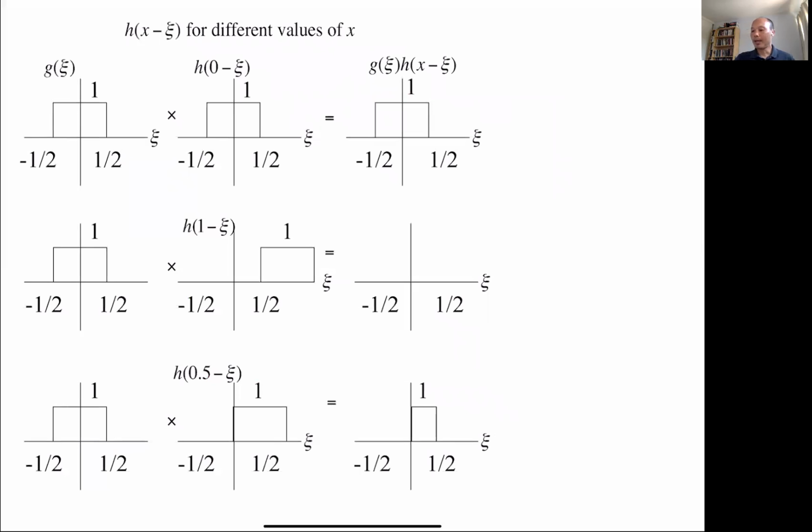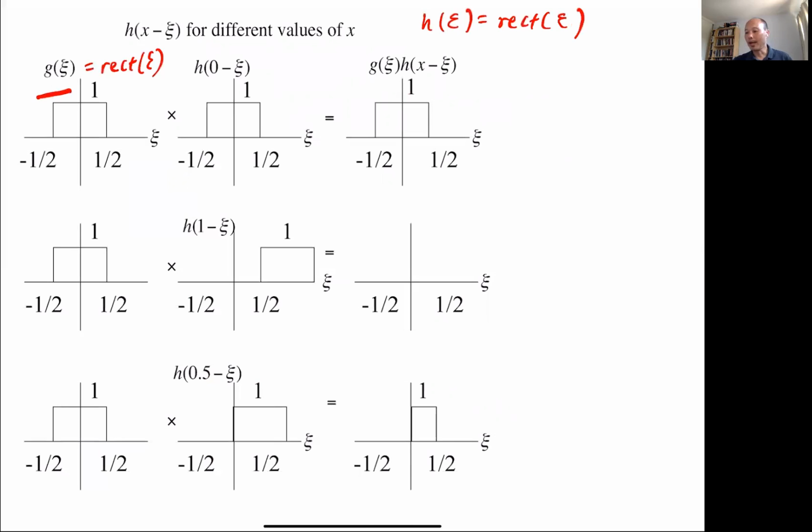So remember, the formula is we take our g of xi. So g of xi is one of the rect functions, so that's just rect of xi. And then h of xi is also a rect function.